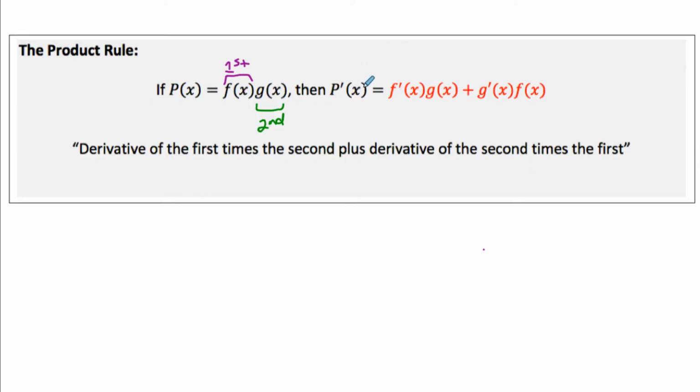So we can find p prime of x by following the following rule. You do the derivative of the first function times the second function plus the derivative of the second function times the first function. So p prime of x equals f prime of x times g of x plus g prime of x times f of x. So if we follow that rule, you can find the derivative of the product of any two functions.